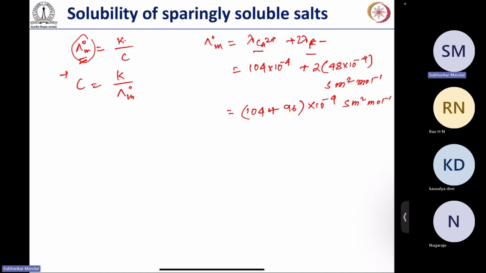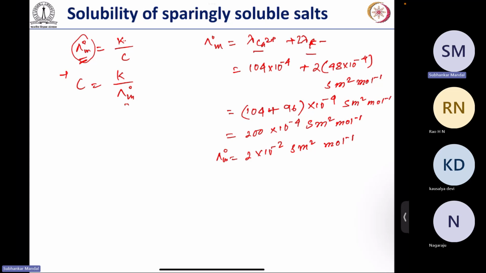You can do it with me also in the notebook, somewhere I may make a mistake. So that will be 2 into 10 to the minus 2 Siemens meter square mole inverse. Okay, so lambda naught we know, but K we have to calculate.